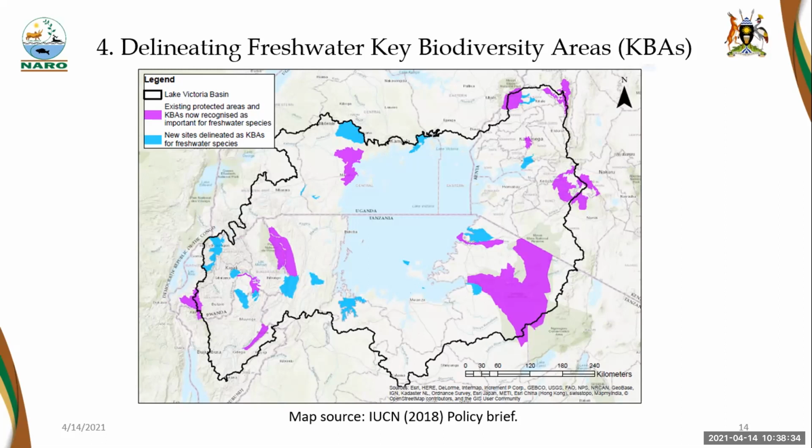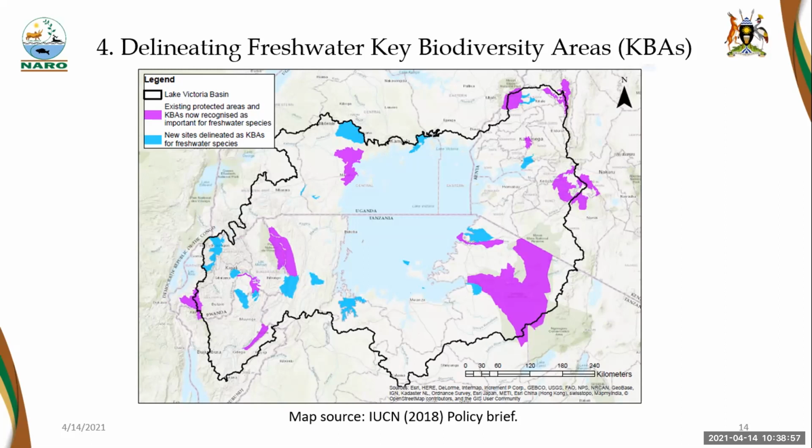And one of the ways we can protect these areas is by identifying the KBAs. So this work is actually a follow-up to the IUCN work in 2018 that identified 9 freshwater KBAs for the Lake Victoria Basin.